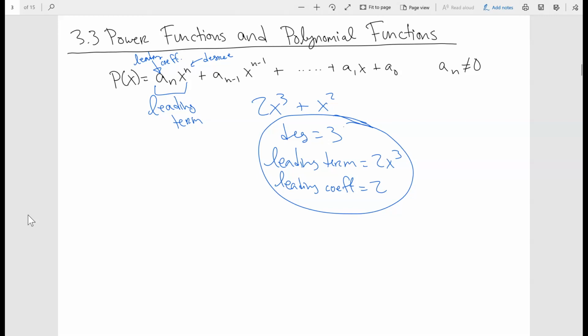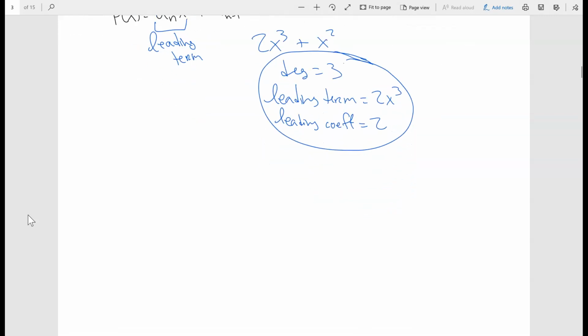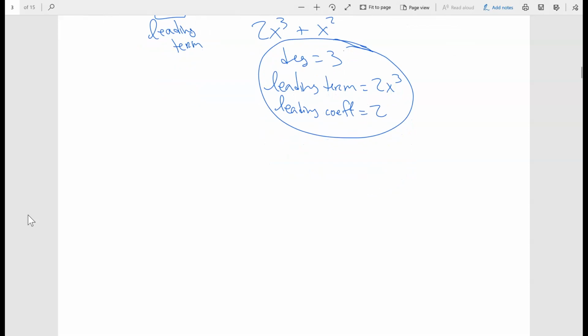Okay, now why is this important? Well, the leading term basically tells us a lot about the behavior of a function. So let me just write down right here the end behavior of power functions.